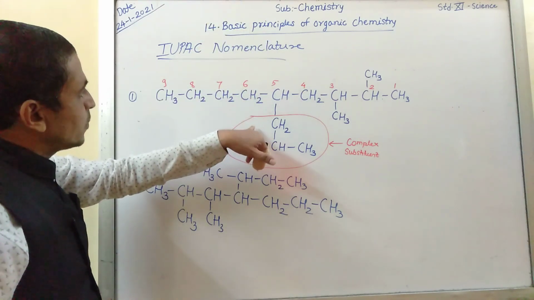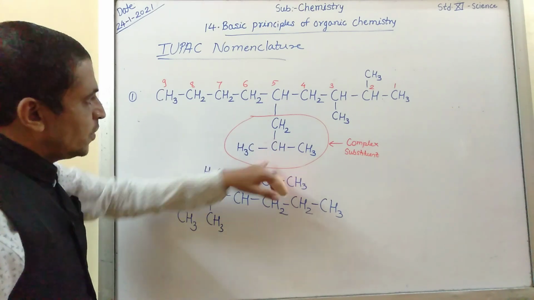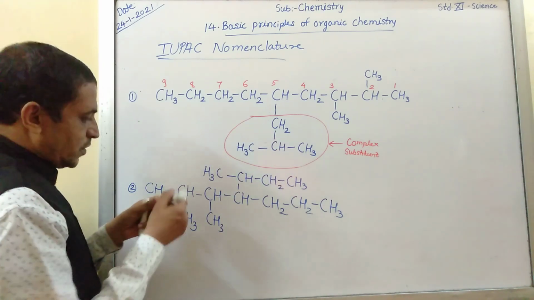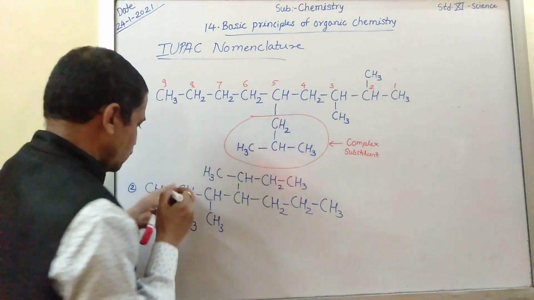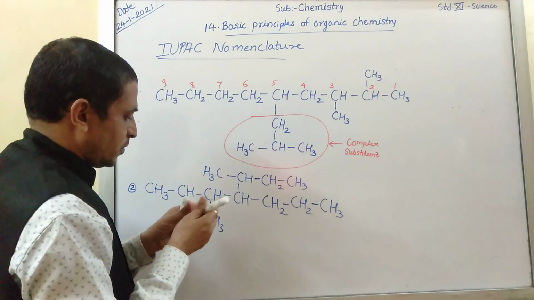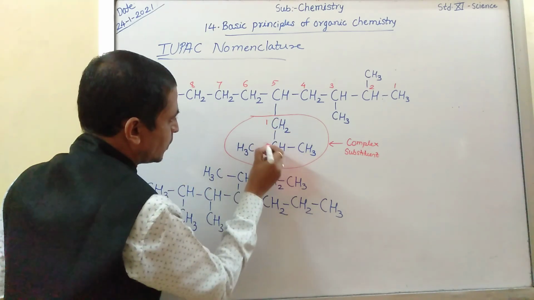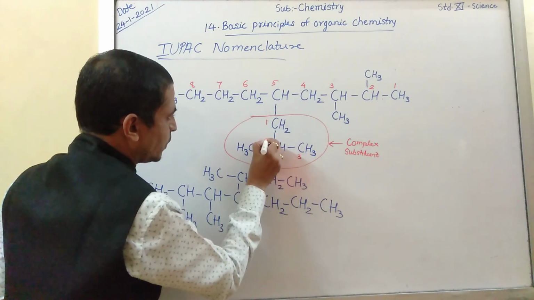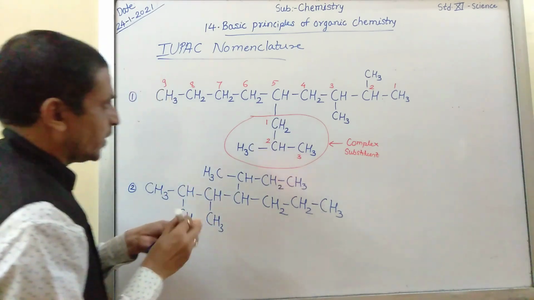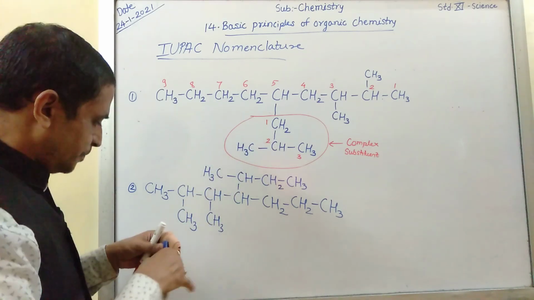In order to give a name to this complex substituent, you must consider the carbon atom which is attached to the longest continuous chain. So here the numbering, we can put here 1, this is 2 and this is 3. We consider 1, 2 and 3. For that we write this name in the bracket.